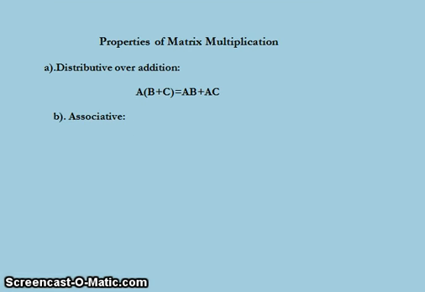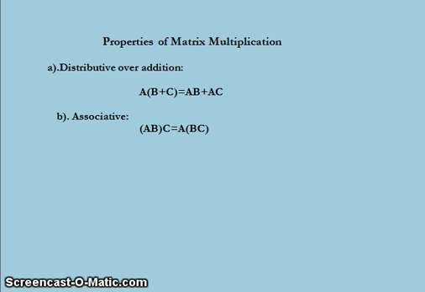The next is that multiplication of matrices is associative. That is, if A, B and C are suitable matrices, then the product obtained by multiplying AB with C and the product obtained by multiplying A with BC are equal.